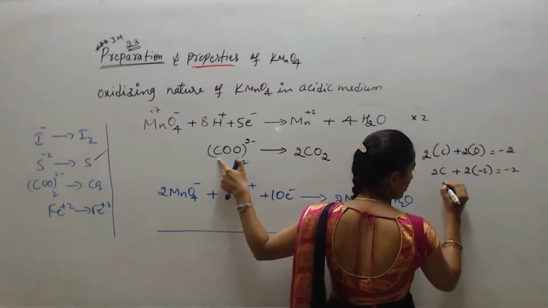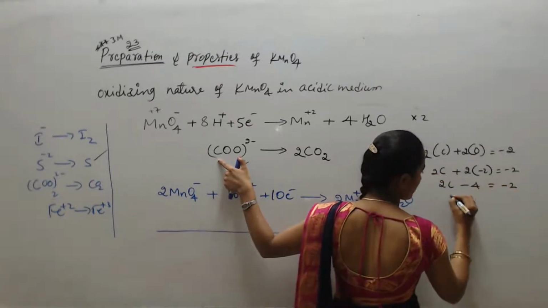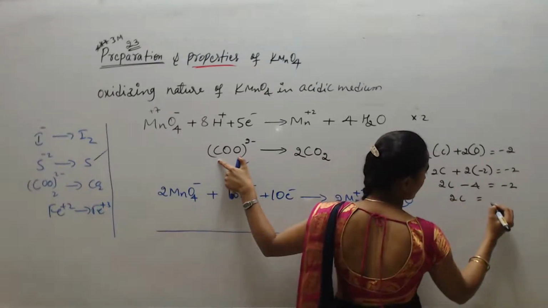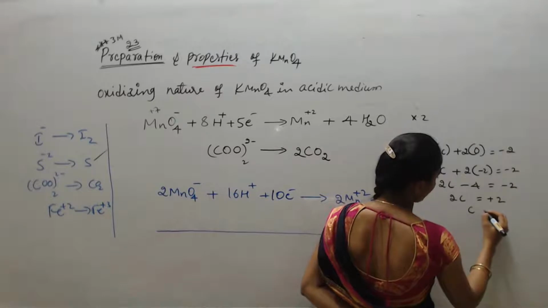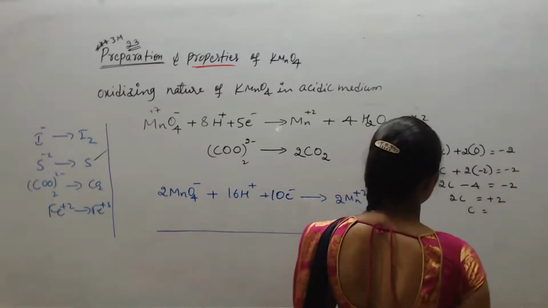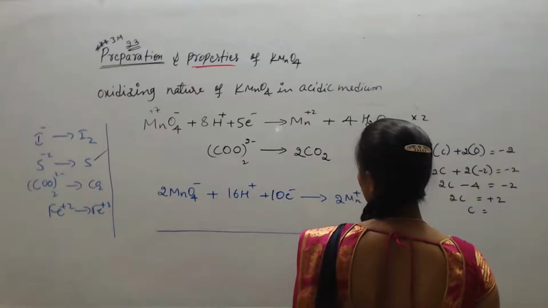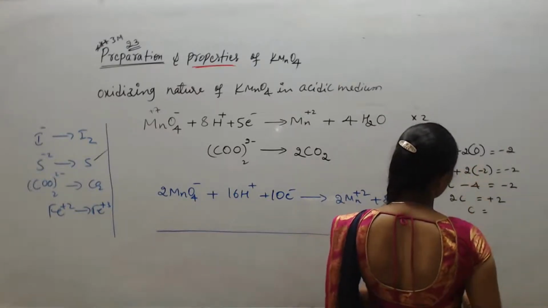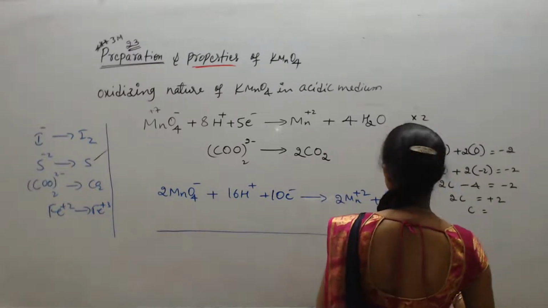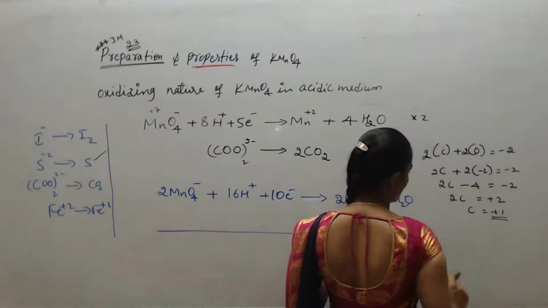So 2 carbon minus 8 is equal to minus 2, so 2 carbon is equal to plus 6, then carbon is in plus 3 oxidation state.